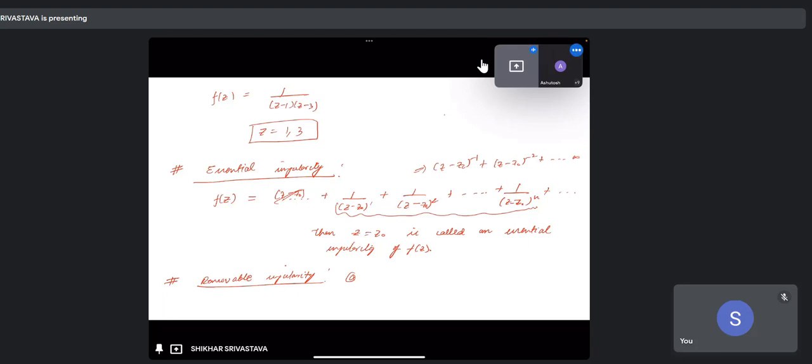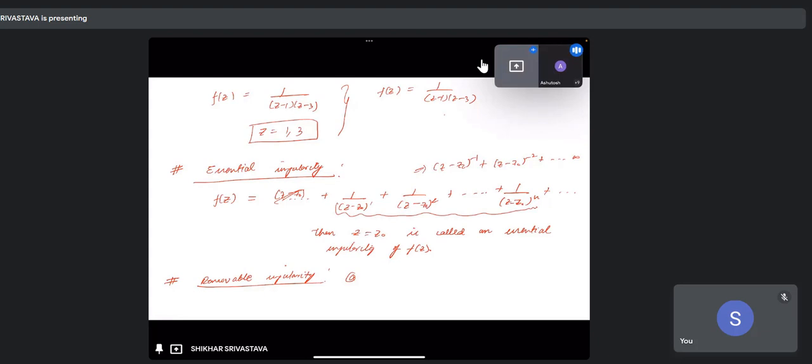Suppose you take the function f(z) is equal to 1 upon (z minus 1)(z minus 3). You equate the denominator to zero. Any complex function f(z) is said to be analytic if it is defined at all points.